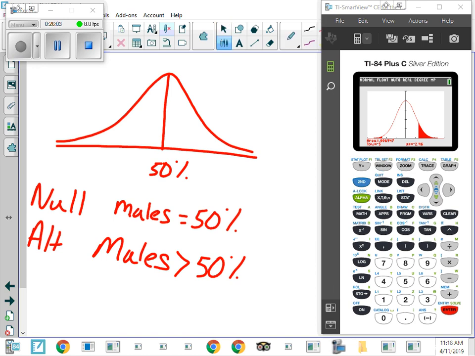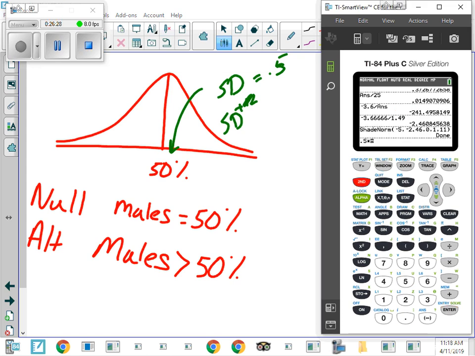Okay. So I need an SD. What is the SD when the percentage is 50%? 0.5. That's the SD. How do I create the SD plus? I need to times 0.5 by the square root of the number of draws divided by the number of draws minus 1.